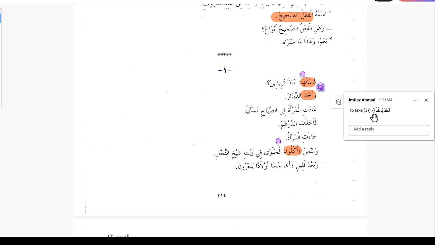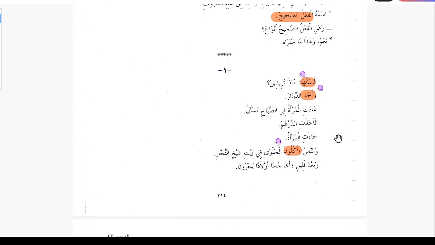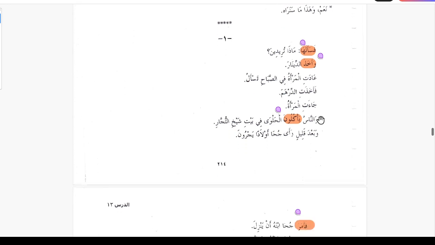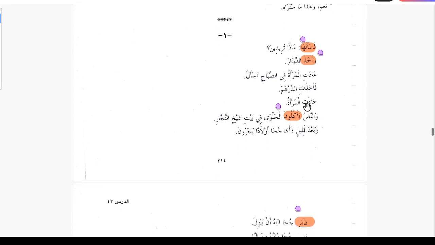Akhaza Yahuzu, Hamza is one of the root letters. Akhazatid dirhama, so she took the dirham. Same verb, Akhaza, and one of the root letters is Hamza. Ja'atil maratu, the lady came. So Ja'a has a Hamza, one of the root letters.